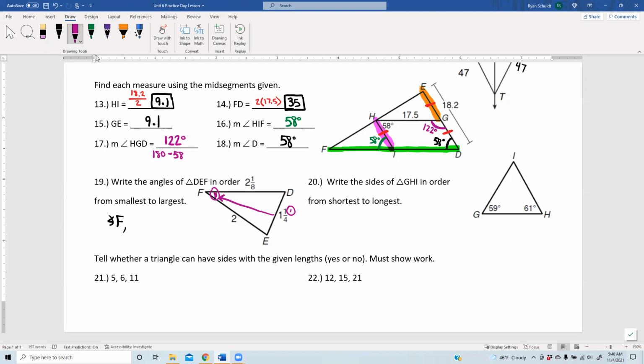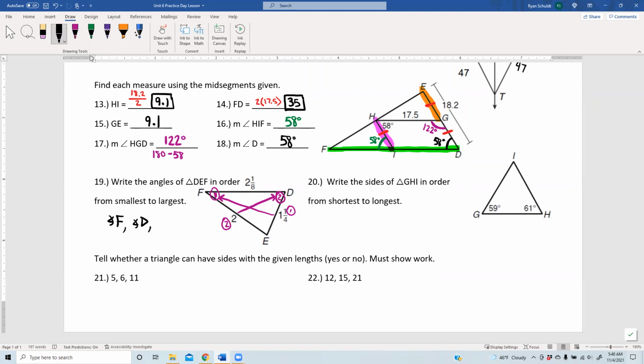Now look for the next smallest. Well, that would be this 2 right here. So I go across my triangle, and that's my second angle, D. And then that leaves us with 2 1/8 being our biggest.